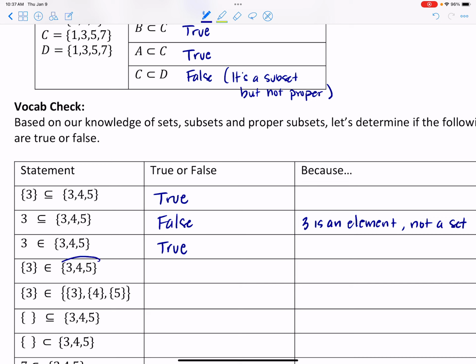The elements of this set are just a 3 or just a 4 or just a 5. So this is going to be false, because with the braces, 3 is a set, not an element.